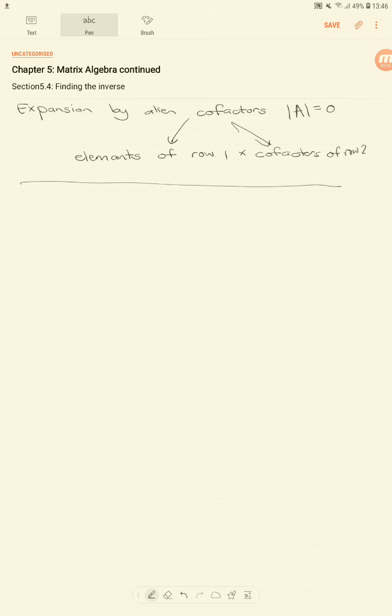Next, we will look at finding a matrix inverse. First, we need to define our matrix C, which is simply a matrix of cofactors.